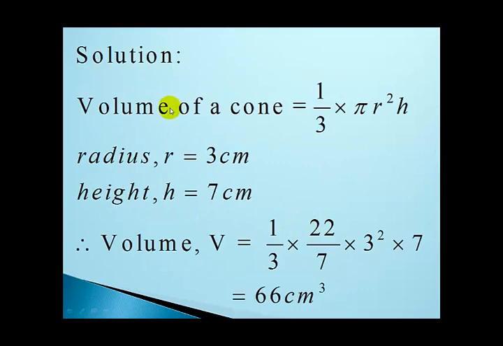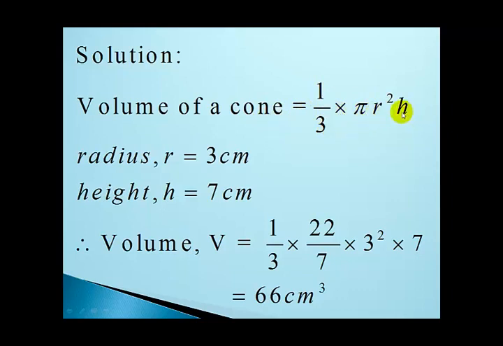Now we know that the volume of a cone is given by 1/3 times the area of the base, and because the base is a circle, the area of a circle is pi r squared. So the volume of a cone is equal to 1/3 times pi r squared times the height, that is h.